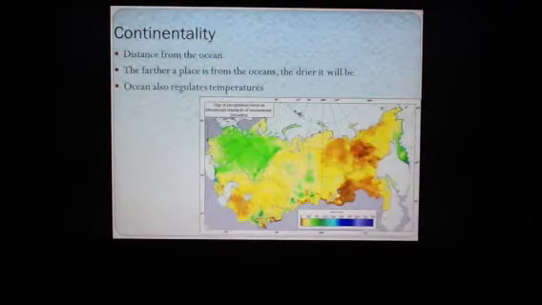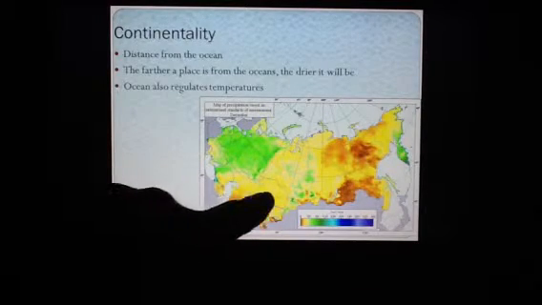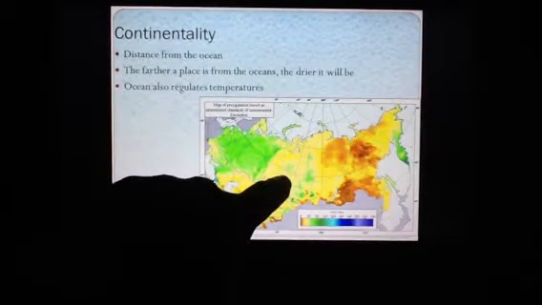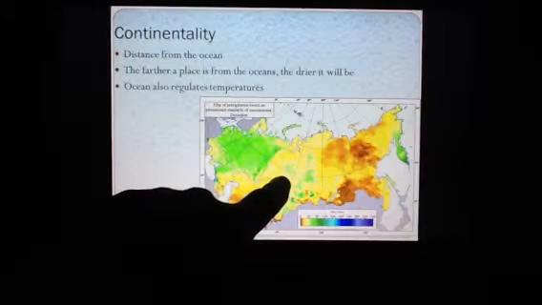One of the major climatic phenomena that occurs in this region is continentality. And what that really means is the distance away from the ocean causes your climate. For example, let's say here, they're thousands of miles from the nearest ocean.